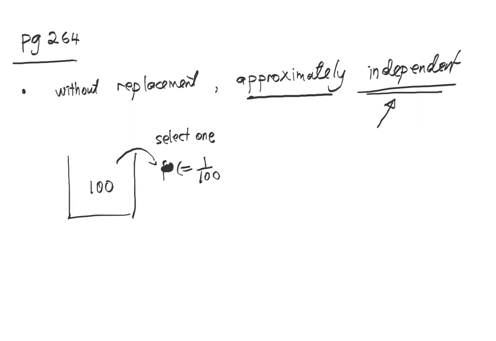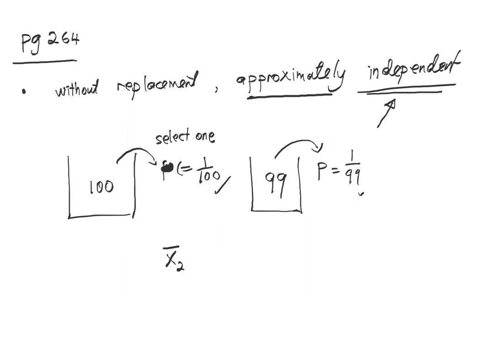Am I right? So now I don't put it back. So now I only have 99 there. So I select another one. So the probability of this selection will become 1 out of 99. So are they the same? Equal chance of being selected? No. That's why they say you have to keep it as small as possible.